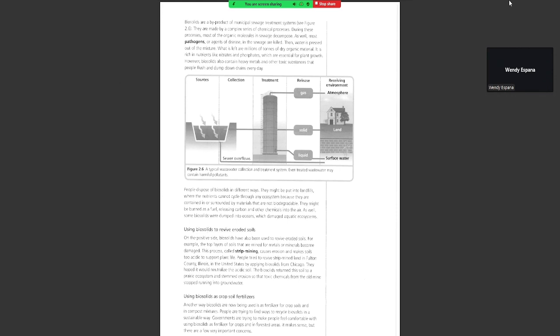And so, an example of where this happened was in the United States. They had Chicago, which is a big city, had biosolids from its waste disposal site, and they took it and put it into the soil on an area that had been strip mined and revived the soil.